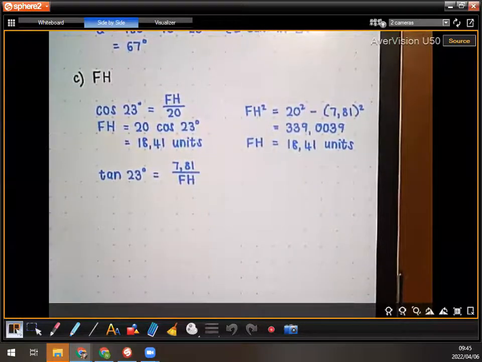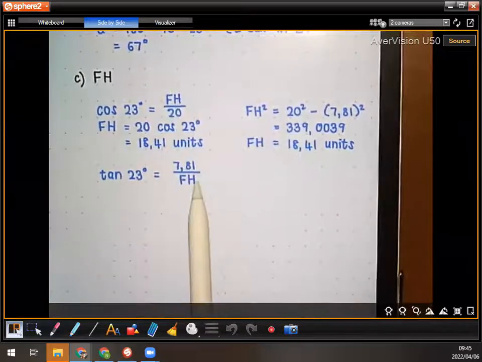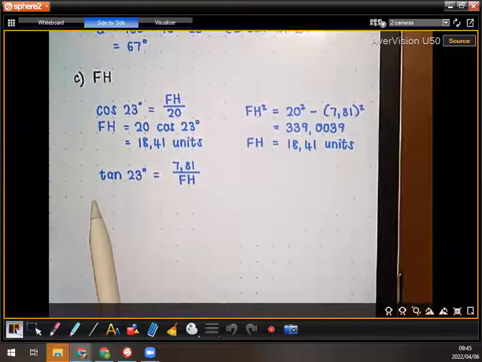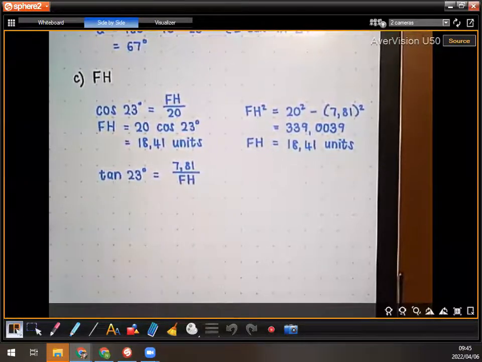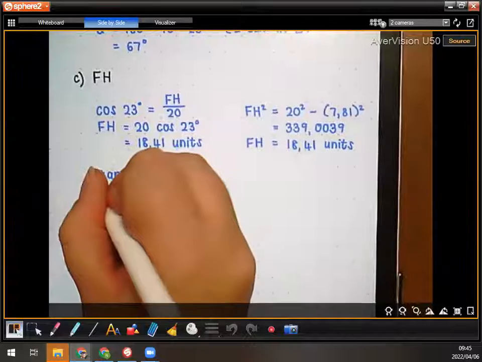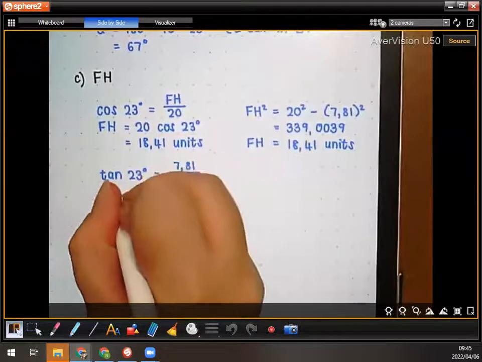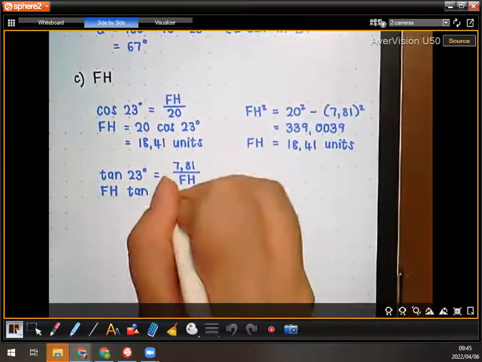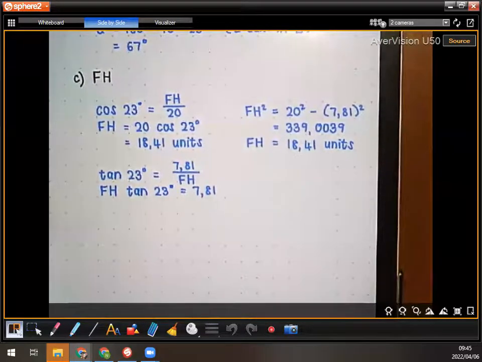Now guys, making FH the subject is not as straightforward as in the top one, because now FH is at the bottom. So I first need to multiply the other side by FH and then divide by tan 23. You can do that all in one step if you want to. I'll just write it out properly. So we're going to say FH tan 23 degrees is then equal to 7,81.